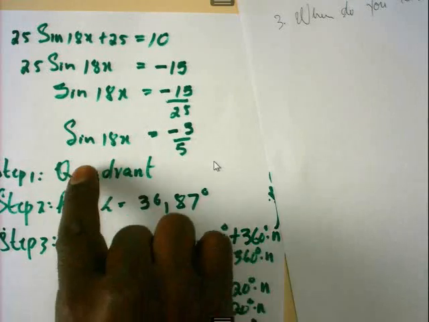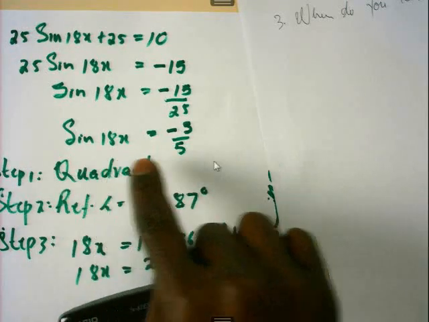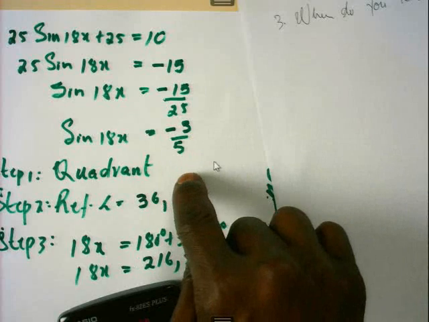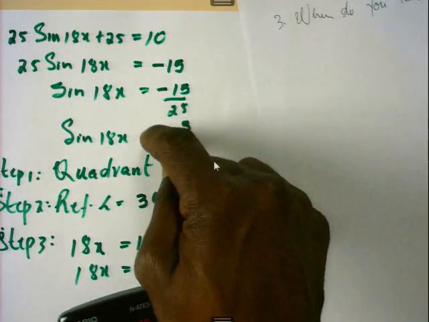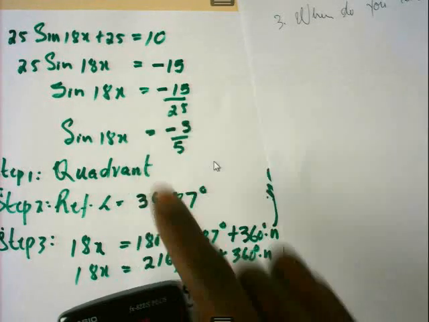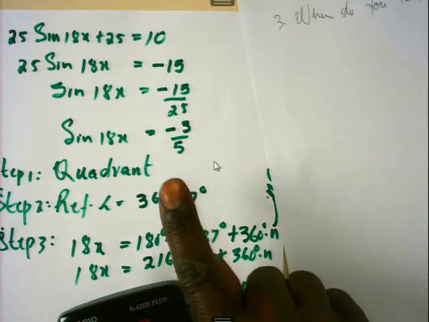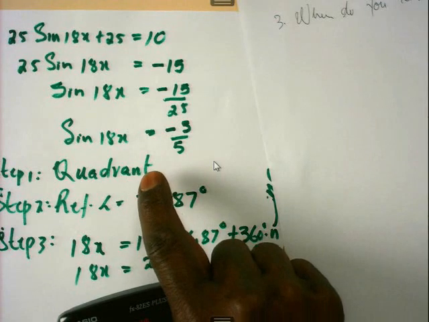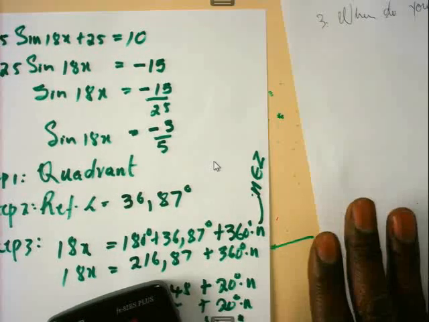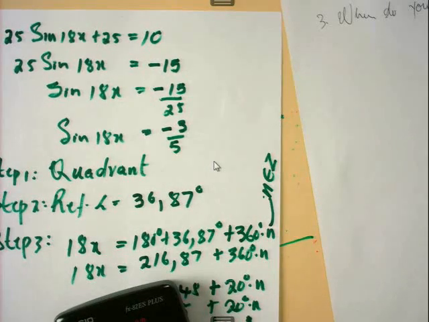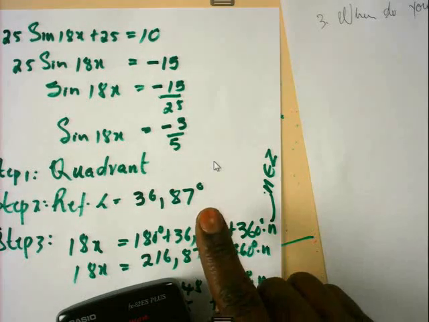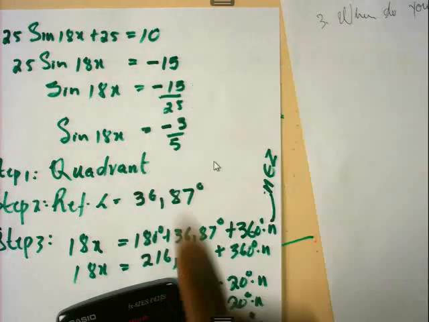So we had sine 18x equals minus 3 over 5. We are done with that minus because we have identified the quadrant. That is step 1: sine is negative in the third and the fourth quadrant. So we are fine with that.